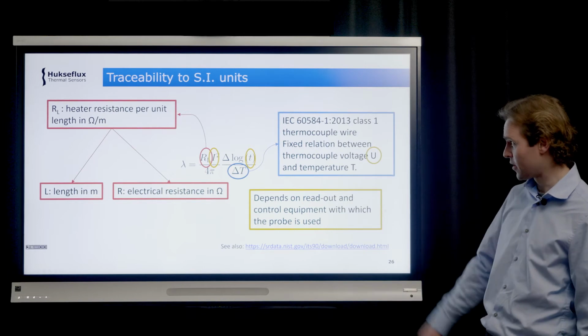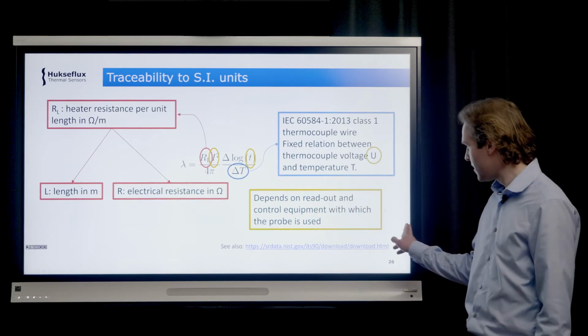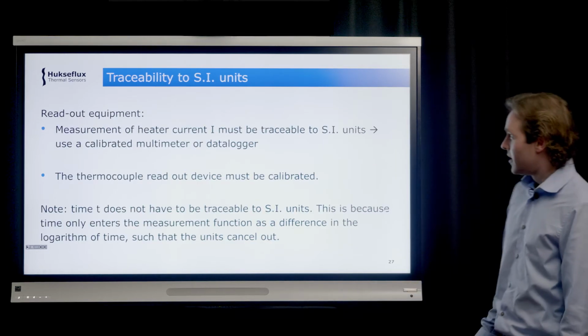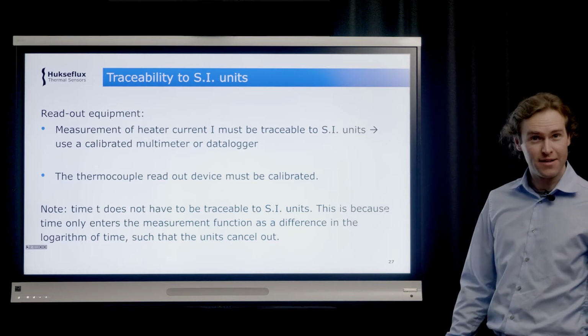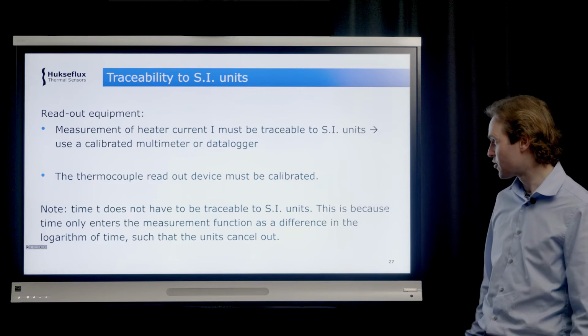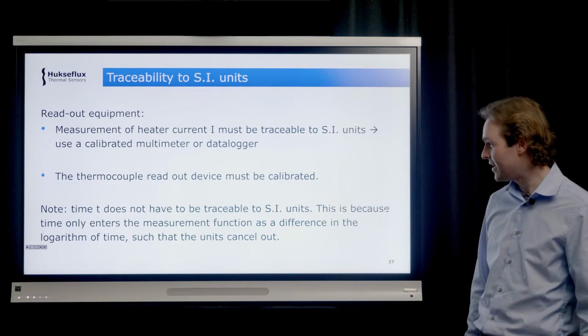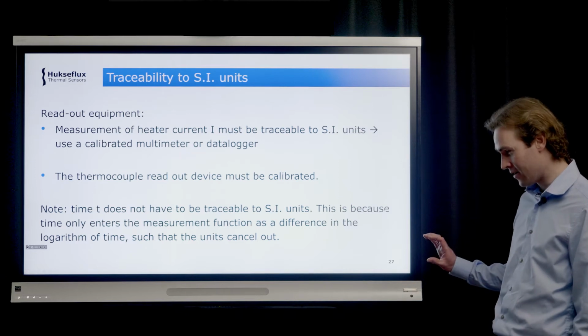All three quantities depend on the readout equipment. So we need to make sure that we use a calibrated amp meter to measure the heater current, and a calibrated thermocouple readout device to measure the temperature.